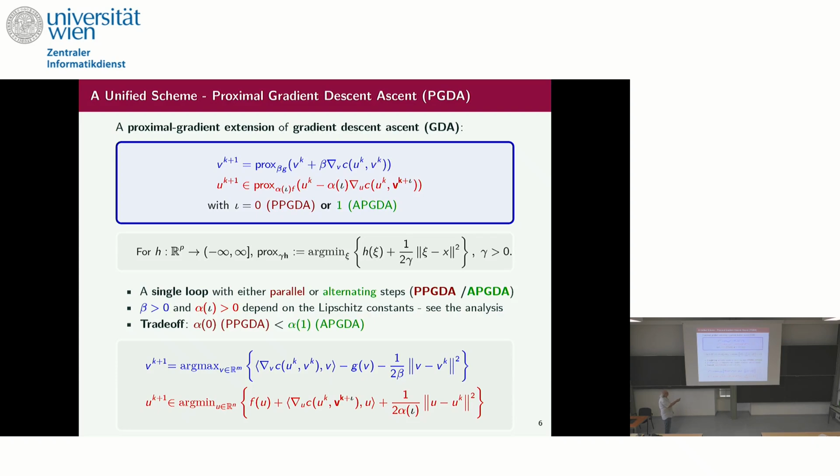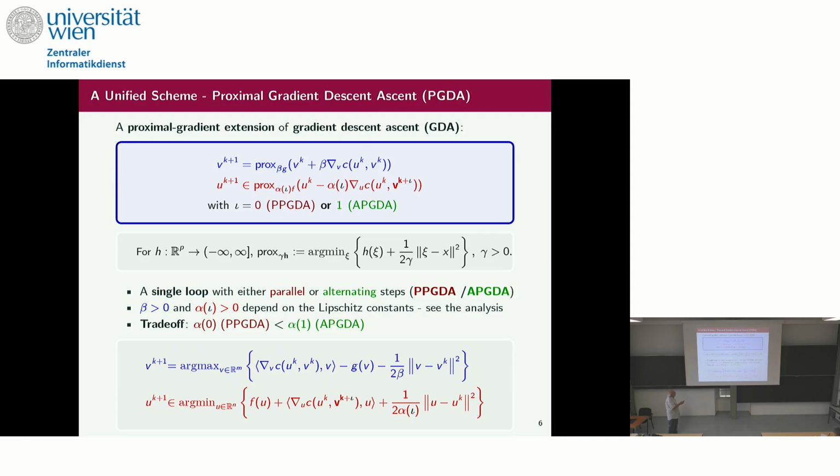And actually, there is also a nice thing which is common in the old literature, even for gradient descent ascent: when we do parallel methods, they are supposed to be worse than alternating. Alternating are also supposed to be much more difficult to analyze than parallel methods. Well, it turns out we didn't find any difference. So that's why we dealt with both.